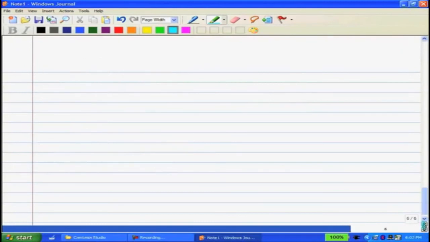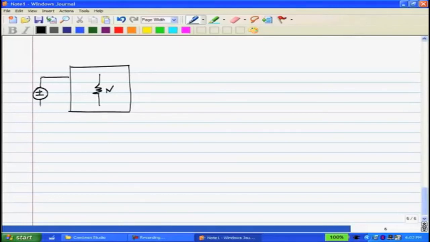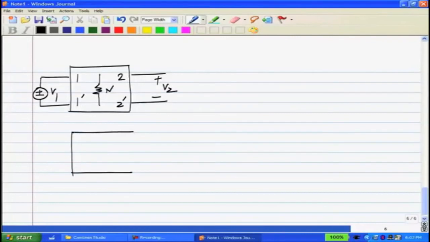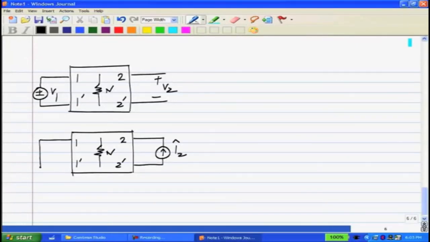Now finally, we have the third case where again I have a resistive network N and I excite the first side, port 1, with a voltage and measure the voltage that comes out on this side, and in the other case I take the exact same network N, I excite the second side with a current I2 hat and measure the current that flows in the first side.